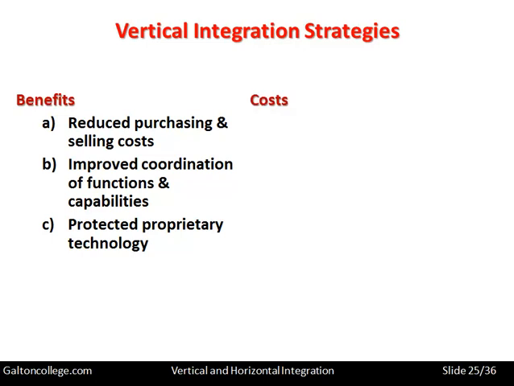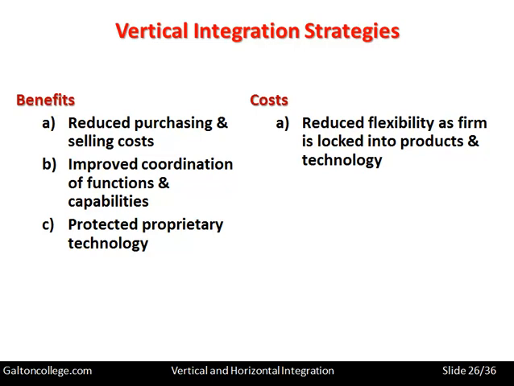The costs of vertical integration strategies, well, reduce flexibility as the firm is locked into products and technologies. Once it integrates vertically, if it backward integrates, it has a company producing the components that it needs. But that also reduces its flexibility.